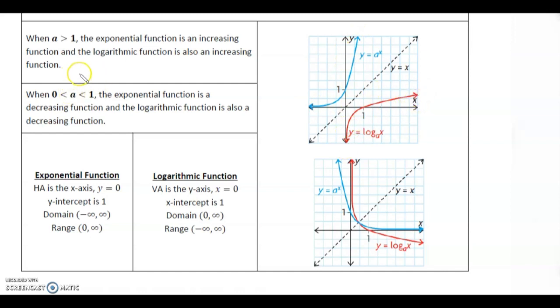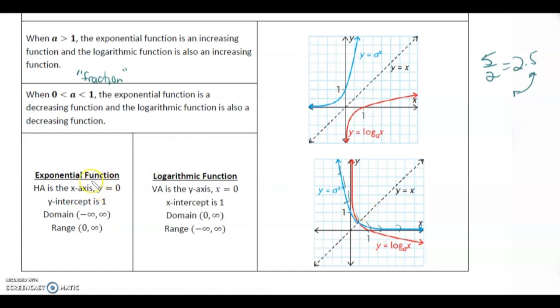Now, if a is a fraction, and remember a fraction or a decimal could also be greater than 1, like for example 5 over 2 is actually 2.5, which would be increasing. But if we have a fraction between 0 and 1, the exponential function is now decreasing. Okay, so it starts up and then it decreases reading to the right. The logarithmic function is also decreasing.